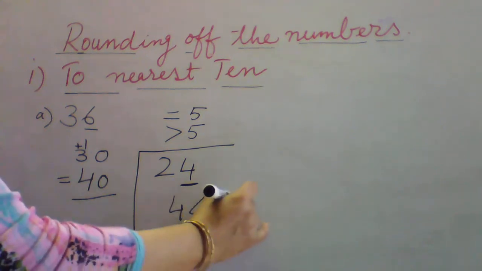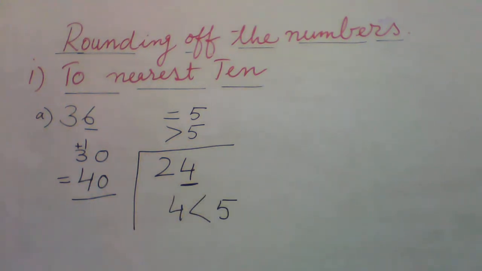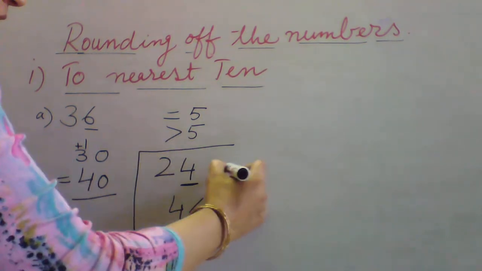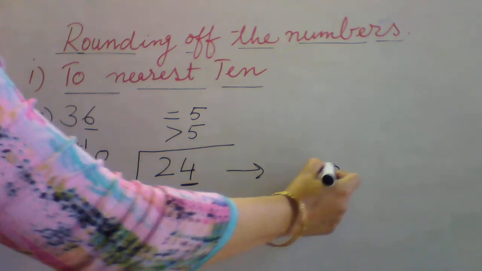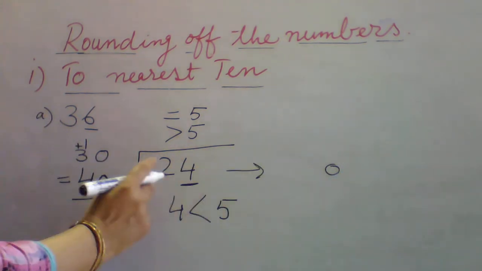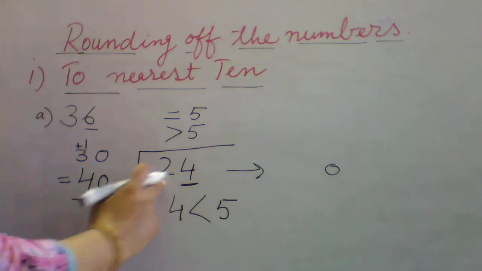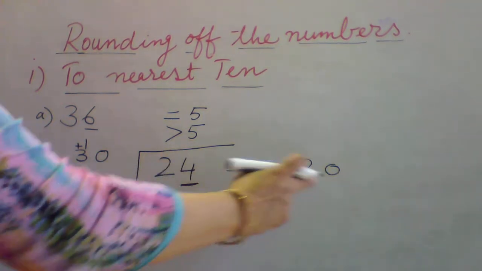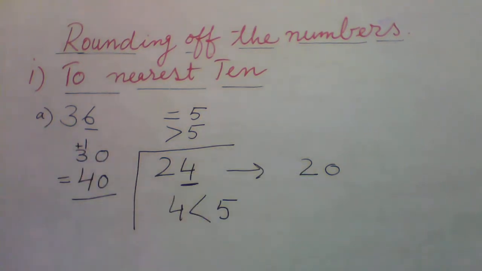In this case, in place of 4 we will write 0, but we will not increase any number to 2. 2 will remain as such. 24 will be rounded off to 20.